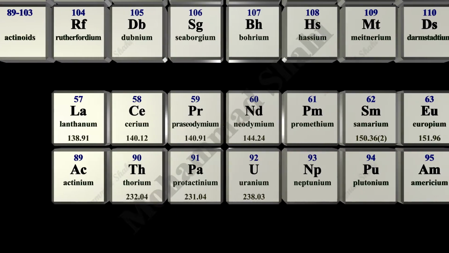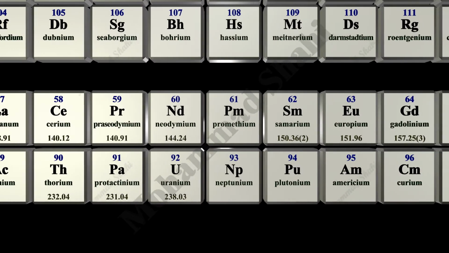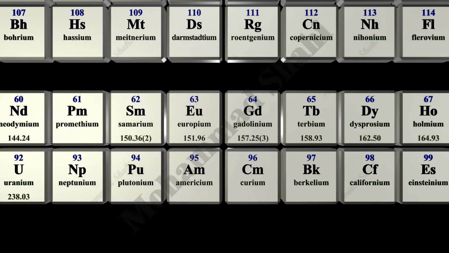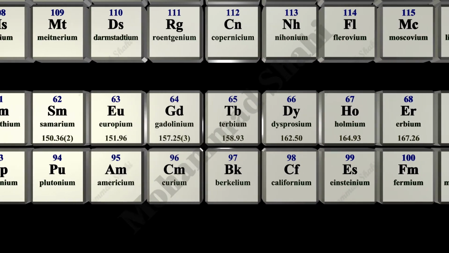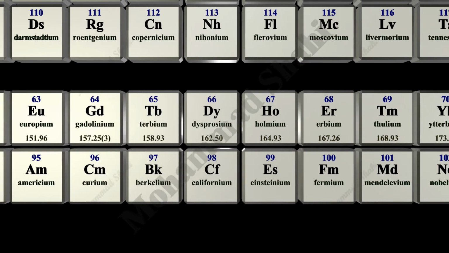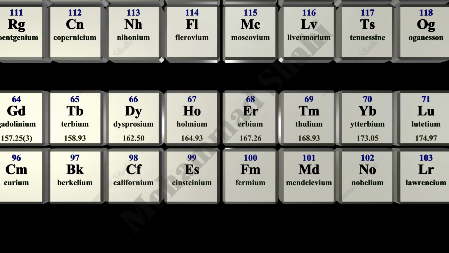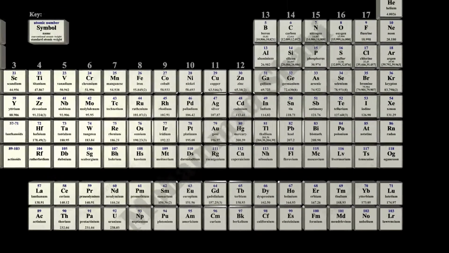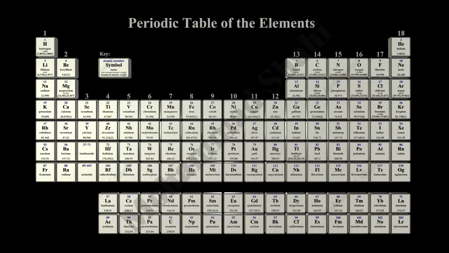The first recognizable periodic table has been attributed to the Russian chemist Dmitry Mendeleev, who published his first periodic table in 1869 and a second improved version in 1871, where many other great scientists had also made great contributions to the concept of the periodic table before or after him.